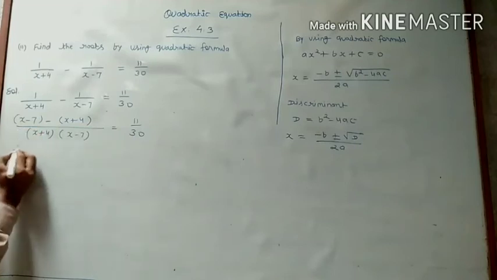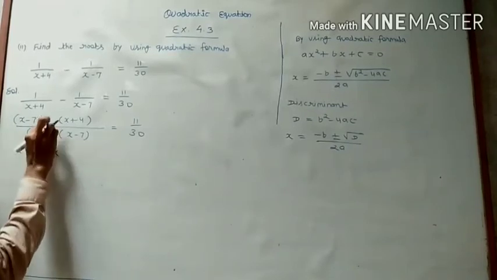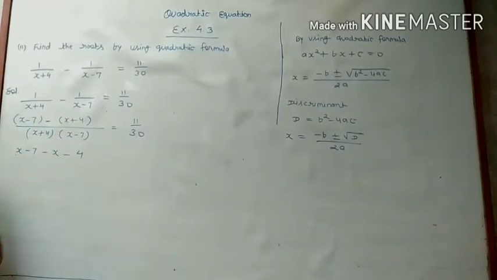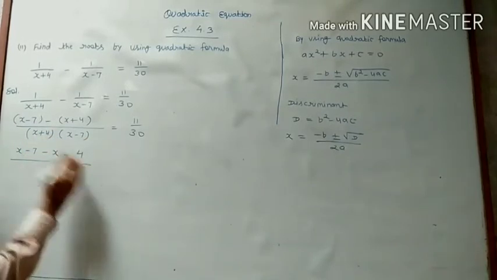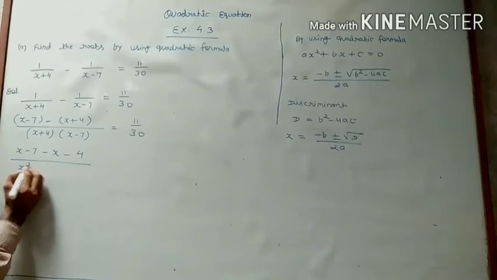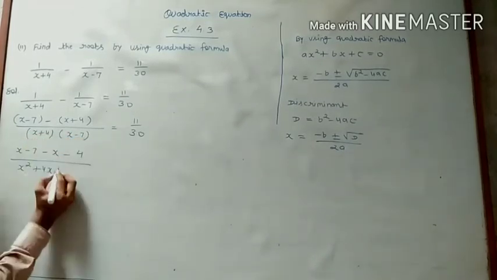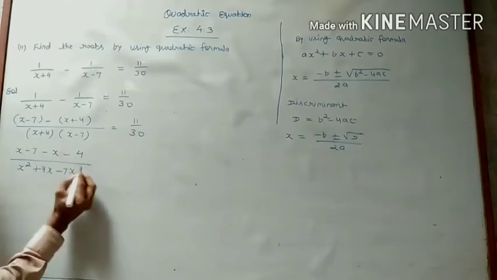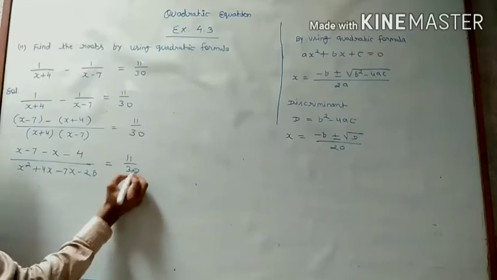The next step, you open this bracket, x minus 7, open this bracket, and minus x plus minus 4. And this one you can multiply also, x square, multiply this x square plus 4x minus 7, minus 7x and 4 7 ja minus 28 is equal to 11/30.